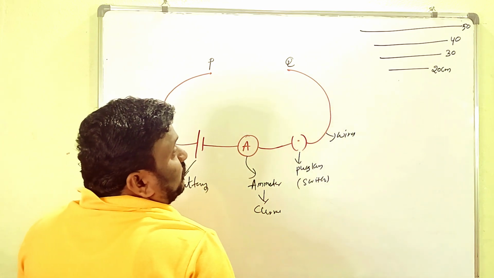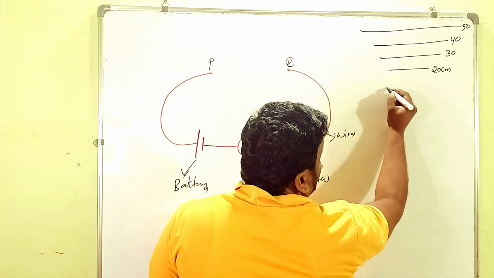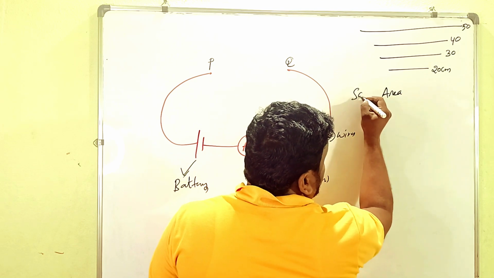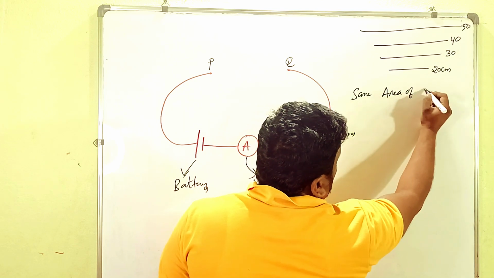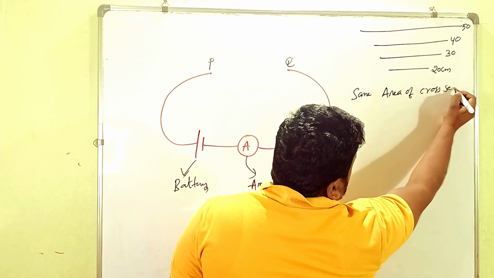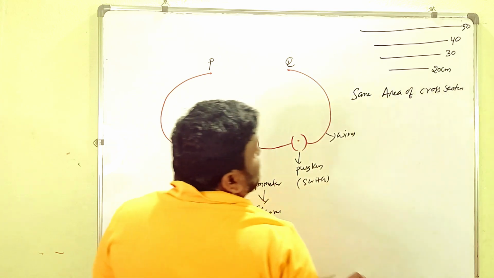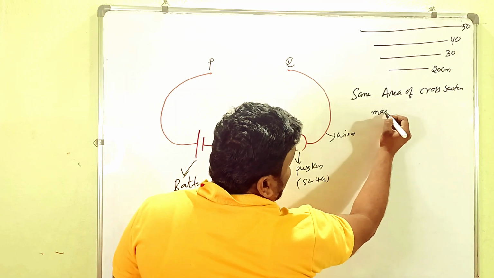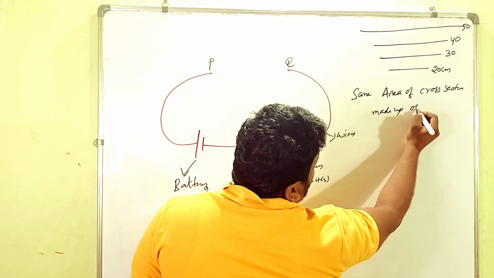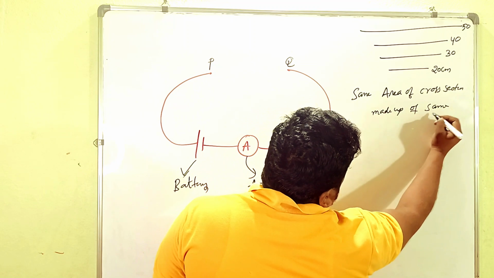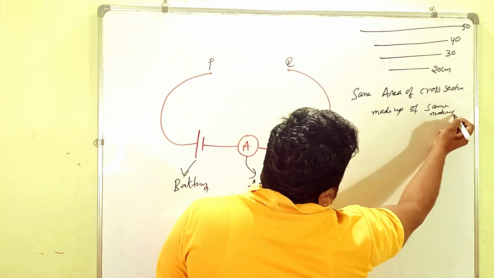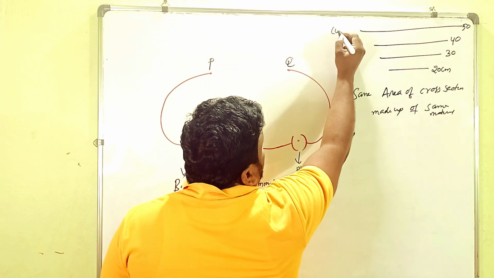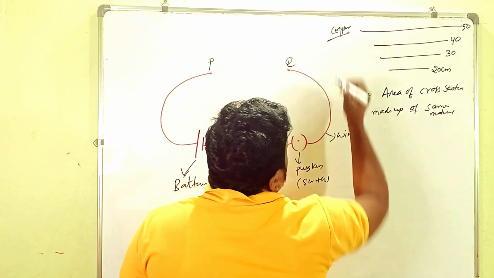But what you have to maintain the same is that all wires have the same area of cross section. And all are made of the same material. Now I am saying copper. We are taking some copper wires.